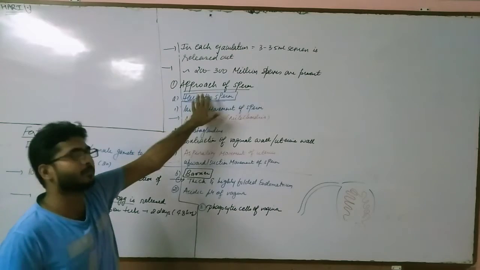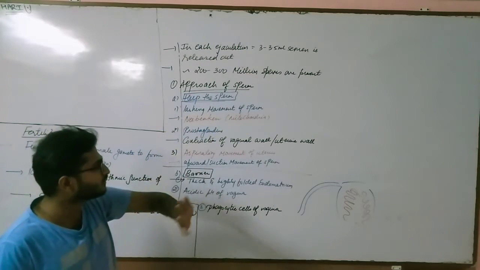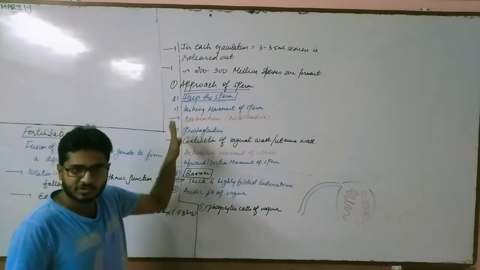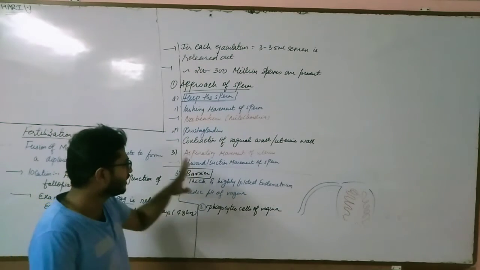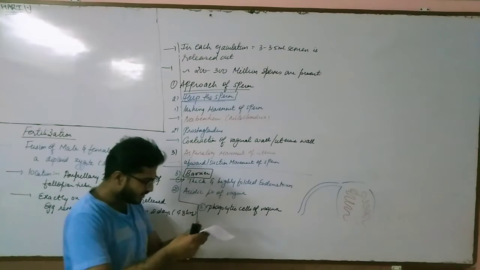So the first step is approach of the sperm. Within the approach of the sperm, what we have discussed: certain structures promote this movement of sperm to the ampullary isthmic junction, and certain structures act as a barrier, right?